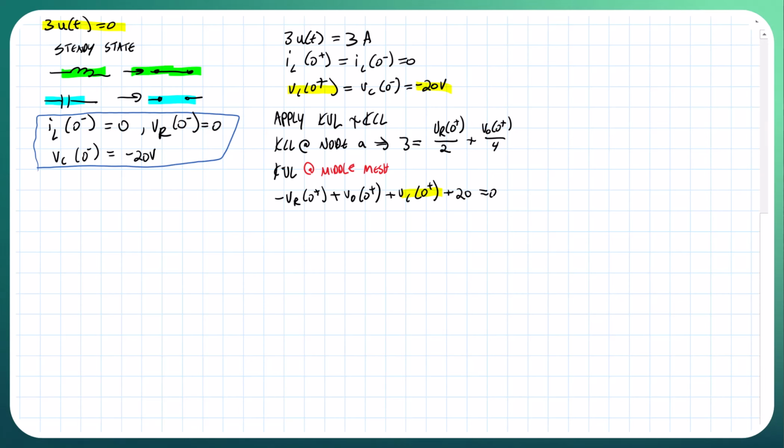Essentially what that means is the 20 and the minus 20 are going to cancel, and then you can simplify this equation and you get VR at 0 plus is equal to V0 at 0 plus. Then from here we can further simplify: VR at 0 plus is equal to V0 at 0 plus, which is going to equal 4 volts.